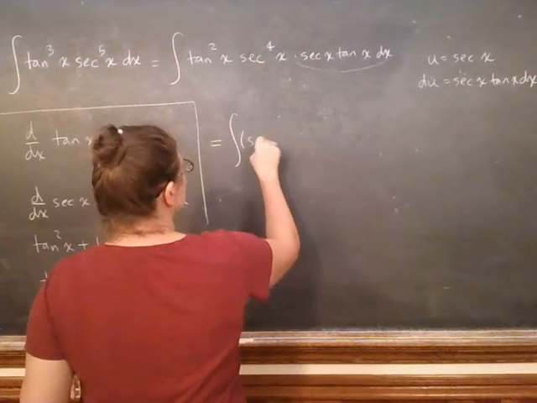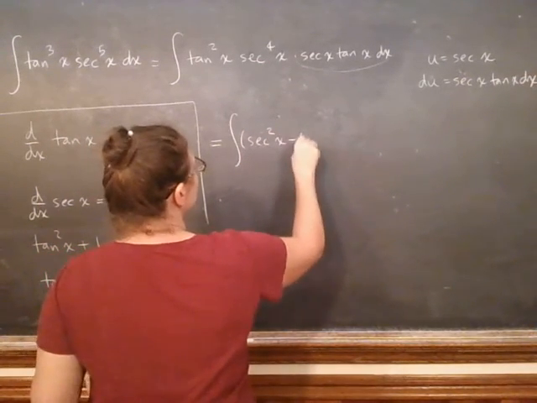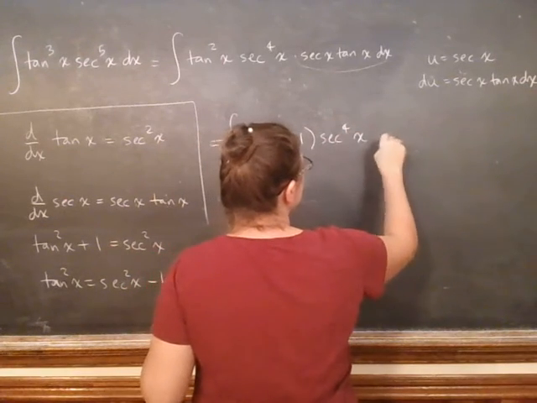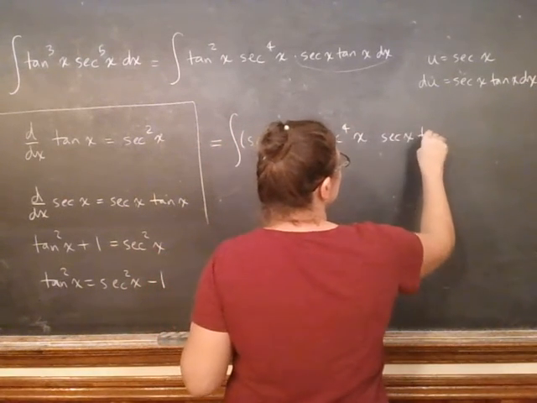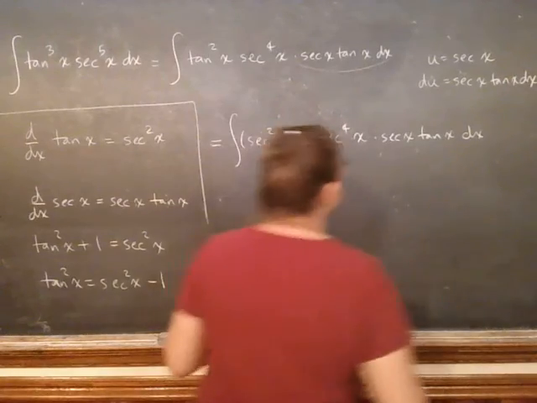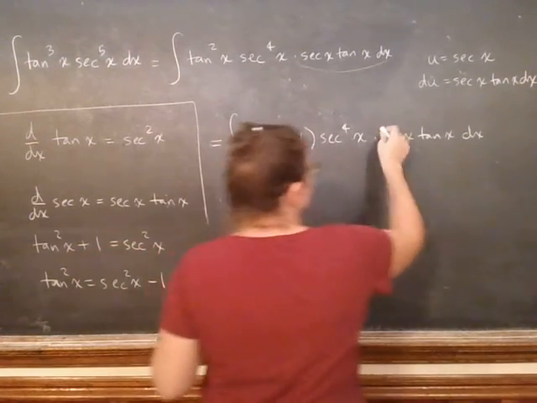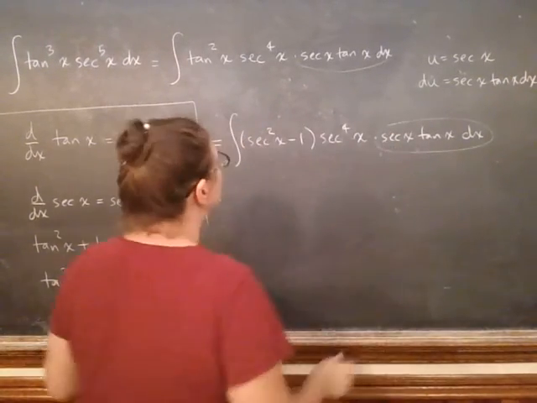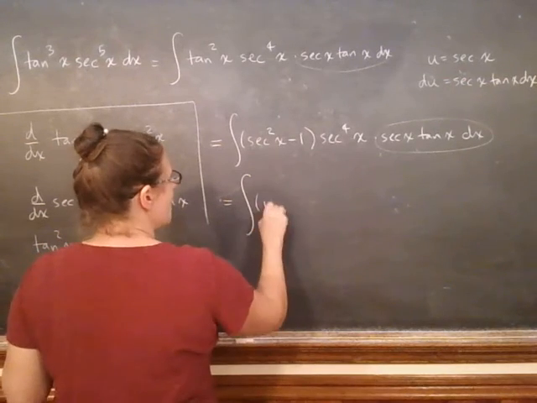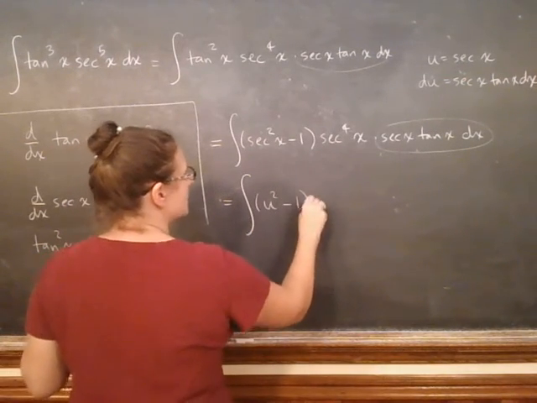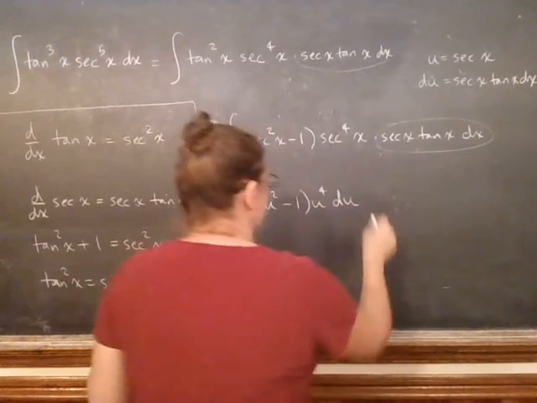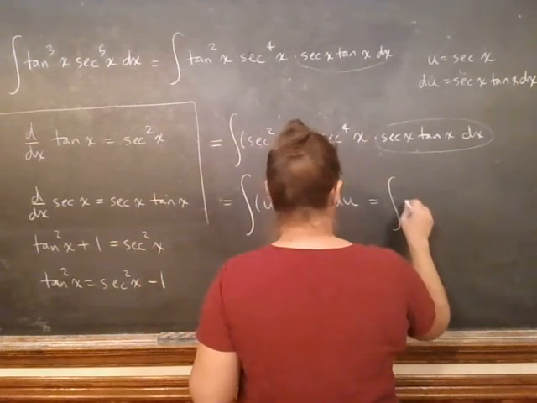So this is secant squared x minus 1 times secant to the 4th x times secant x tangent x dx, right? This whole thing is my du. So if I go ahead and make my substitution now, I've got u squared minus 1 times u to the 4th du. Nice and easy integral, right?